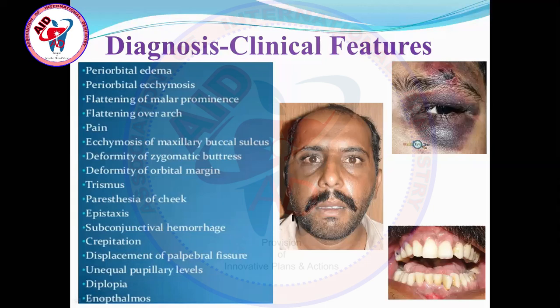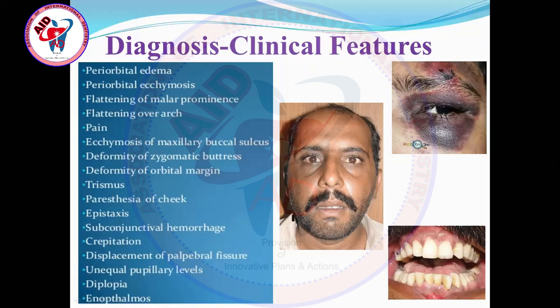Then what could be the differential diagnosis of subconjunctival hemorrhage? Again, I am repeating, it will not be due to Le Fort 1 fracture. Remember, it can be asked in MCQs which fracture is not causing subconjunctival hemorrhage. You will label Le Fort 1. In case of Le Fort 2 fracture, there could be subconjunctival hemorrhage because this fracture also involves the orbital wall or orbital rim.